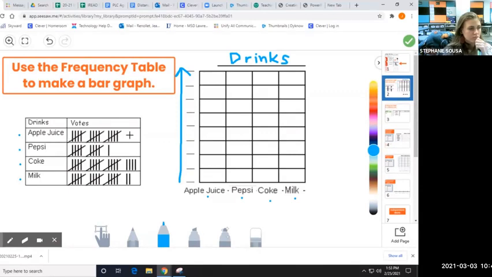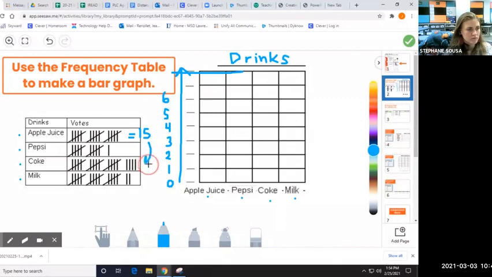Apple juice has 15 votes. If I count by ones, I would start at the bottom at 0 and count all the way up by ones to 15. This is going to take me a long time. I can't even get to 15 using this example because my graph stops right here.